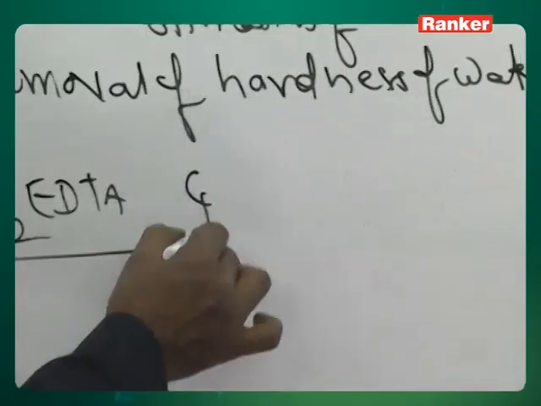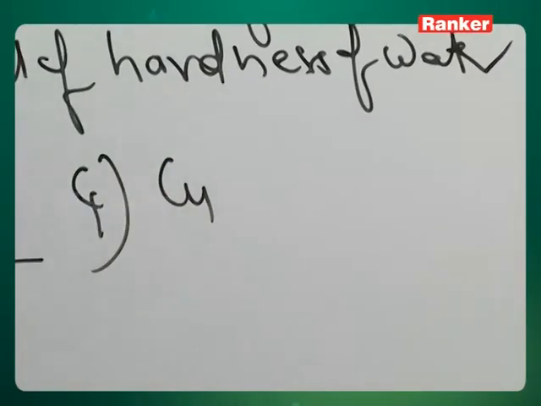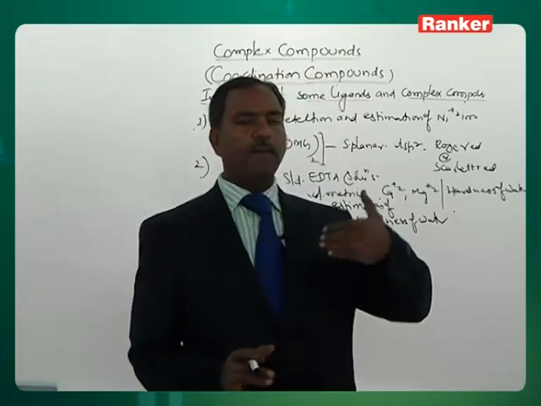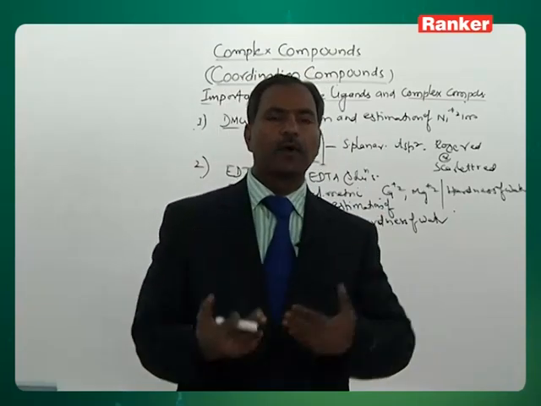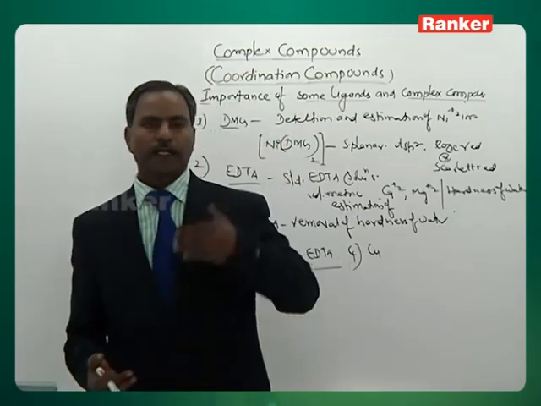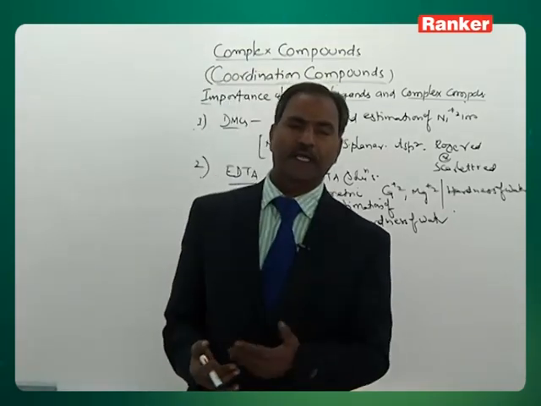Next, copper is required for our body, but in trace quantities only. If the copper amount in the body becomes more, excess copper again acts as a toxic element.